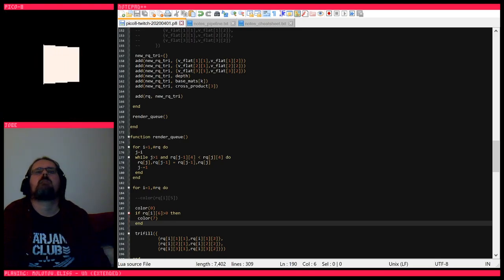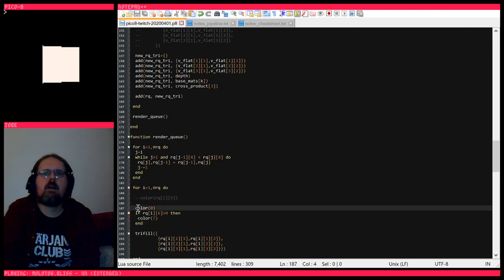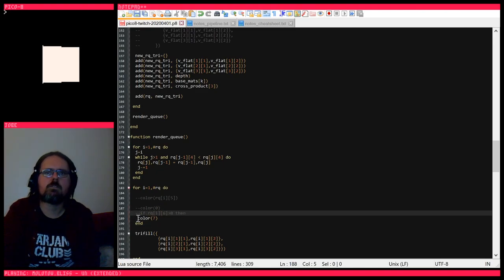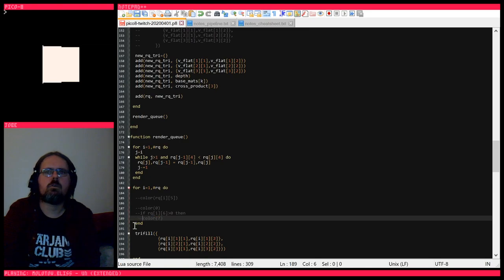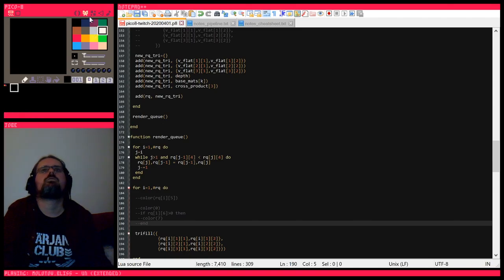Yes, many of the triangles seem to be correctly defined. So that's better than I expected, to be honest. Now we have the normals for our triangles. So now we're gonna get to use these.